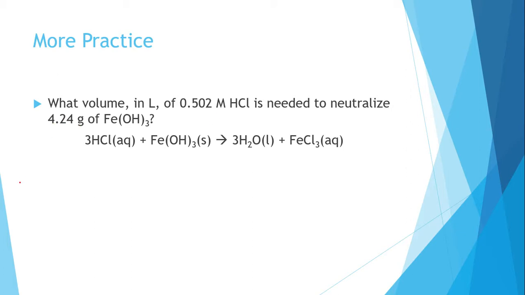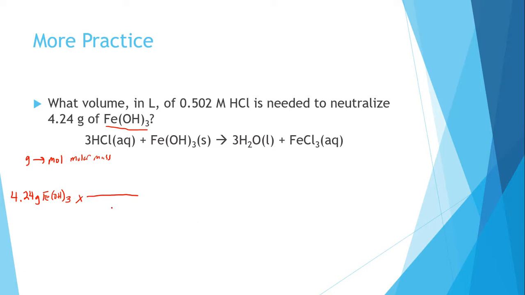So here we're going to start with this 4.24 grams. Notice it's attached to your iron 3 hydroxide. So first thing, we always want to try to get to moles if we're not there. And we're not. We have grams. So remember, to go from grams to moles, we need to use molar mass. We did molar mass all last chapter.